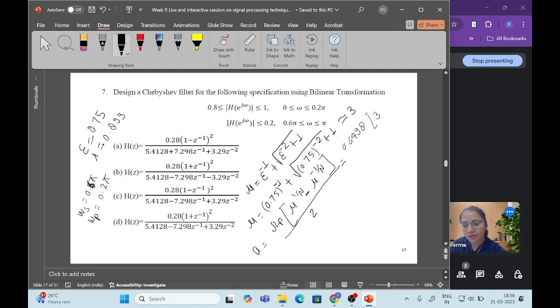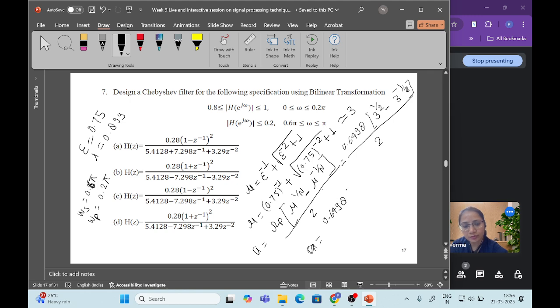Mu is 3. So 3 to the power 1 by n. That n value is 2, approximately 2, right? So 3 to the power 1 by 2 minus 3 to the power minus 1 by 2 divided by 2.